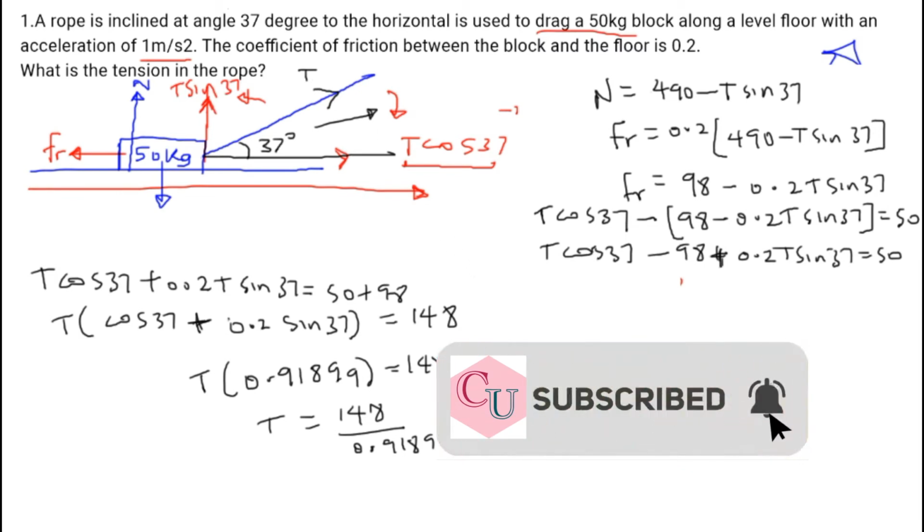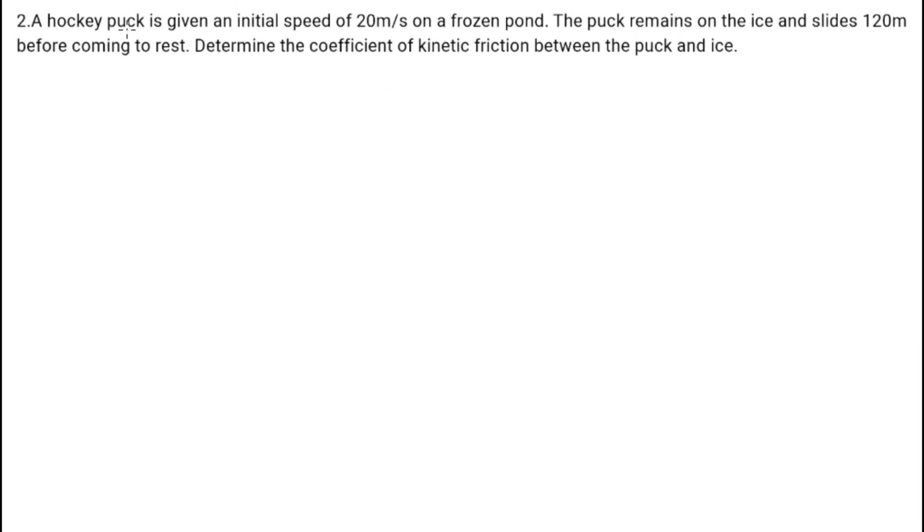Let's solve the next practice problem. A hockey puck is given an initial speed of 20 meters per second on a frozen pond. The puck remains on the ice and slides 120 meters before coming to rest. Determine the coefficient of kinetic friction between the puck and the ice. So let's say this is the puck.